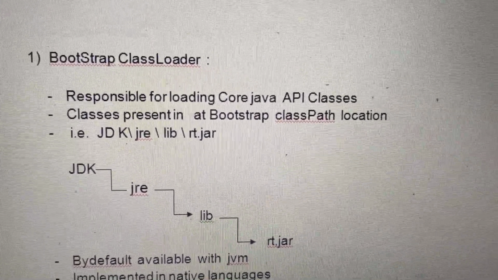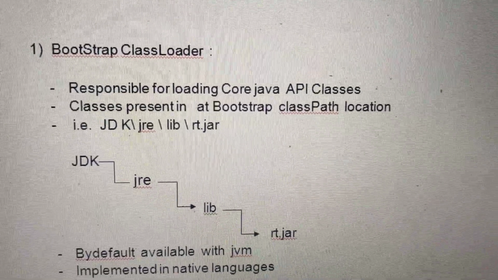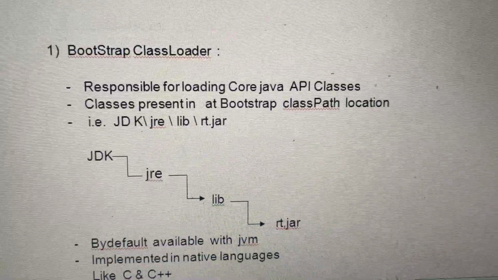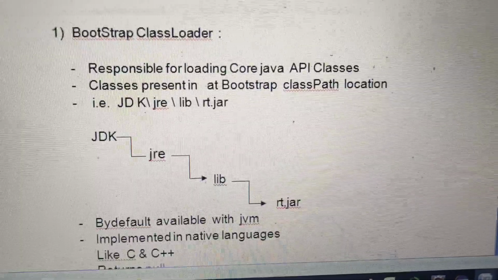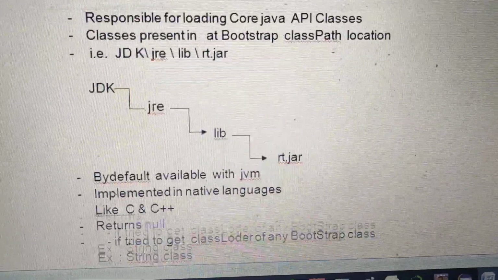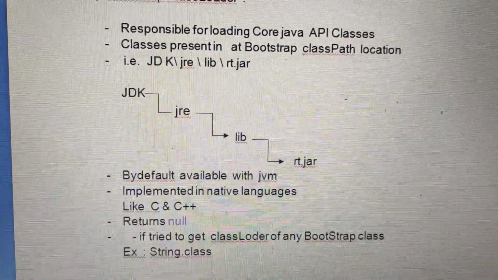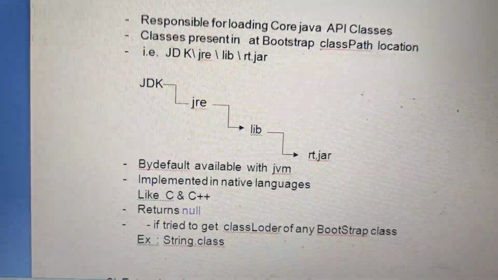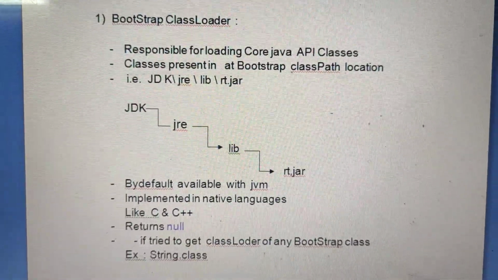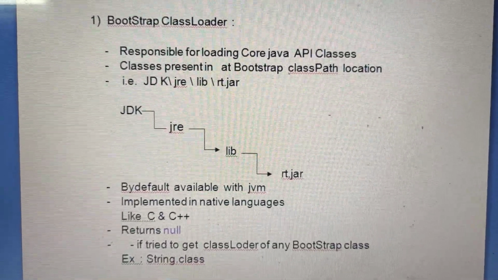All the classes present in this classpath location are loaded by the Bootstrap ClassLoader. This Bootstrap ClassLoader is by default available with the JVM. It is implemented in native languages like C and C++.